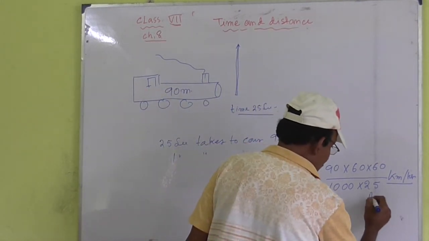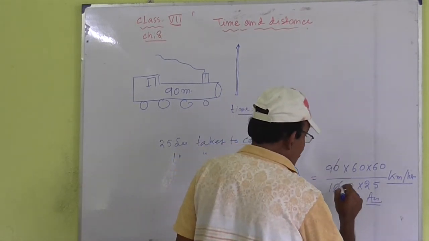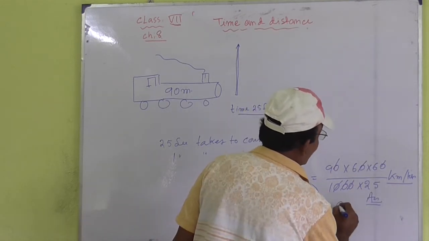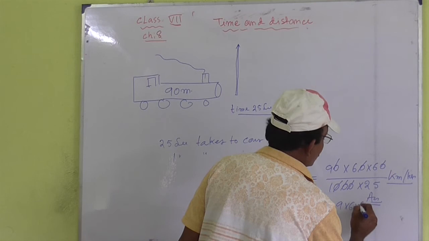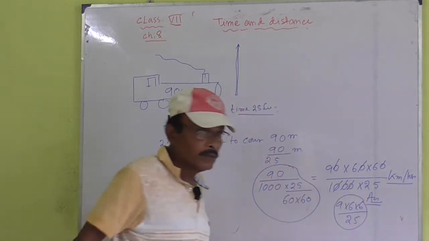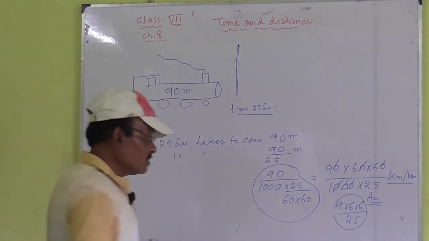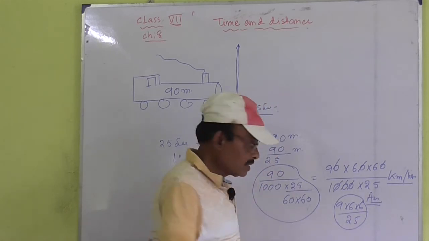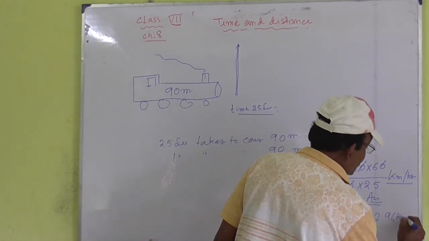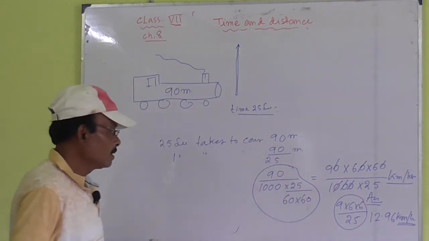This is the answer. So, if we calculate this and this, 9 into 6 by 25, it gets the result 12.96 kilometer after calculation. Clear? 12.96 kilometer per hour. Clear?